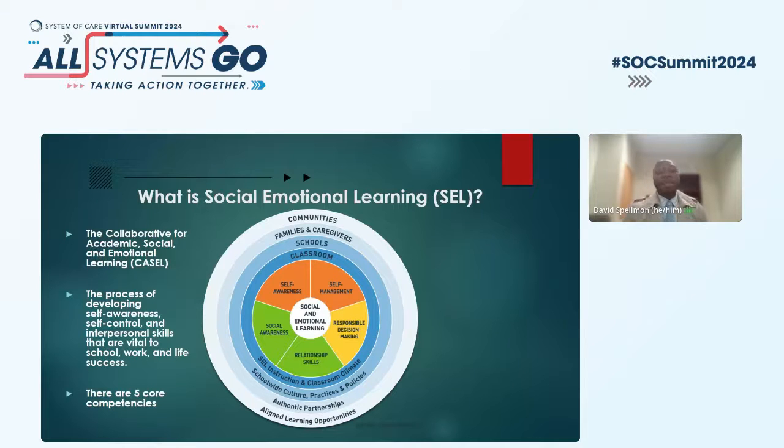That second bullet, there are many definitions of social and emotional learning, but I really resonate with this one. Social emotional learning is the process of developing self-awareness, self-control, and interpersonal skills that are vital to school, work, and life success. Essentially, life success, because school and work fall under that. Going back to the earlier point, that less often talked about fifth element of hip hop is knowledge of self.